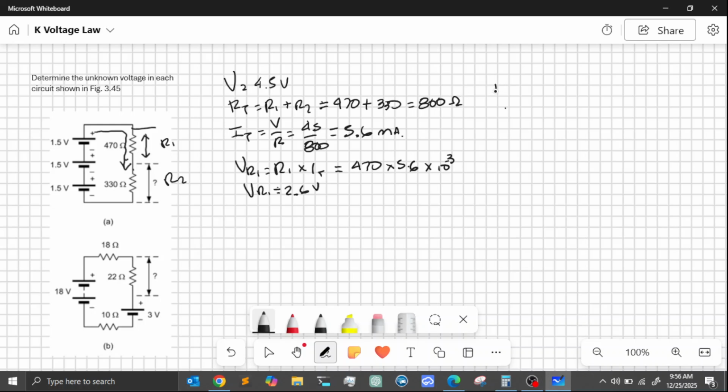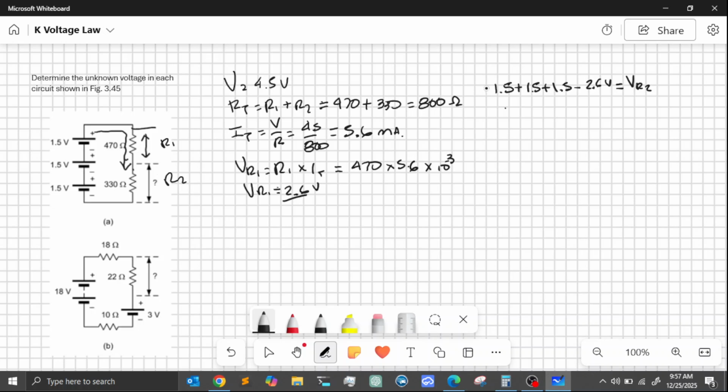We have 1.5 plus 1.5 plus 1.5 minus the drop of voltage on R1, which is 2.6 volts, and this is all equal to VR2, the drop of voltage on this resistor.